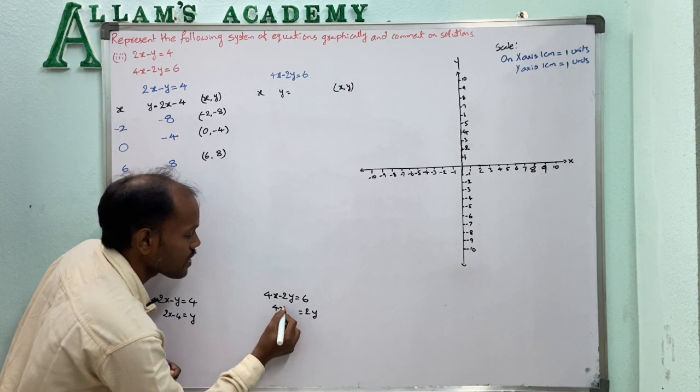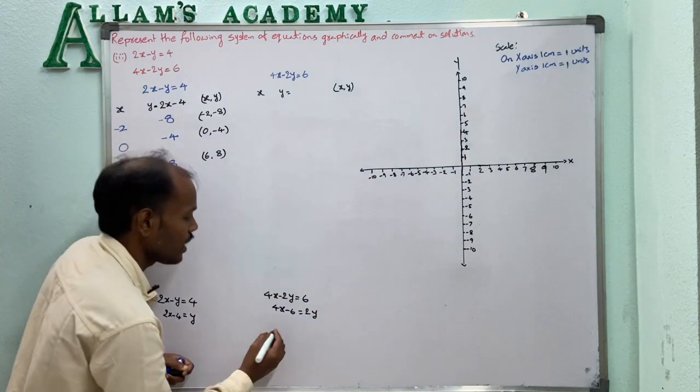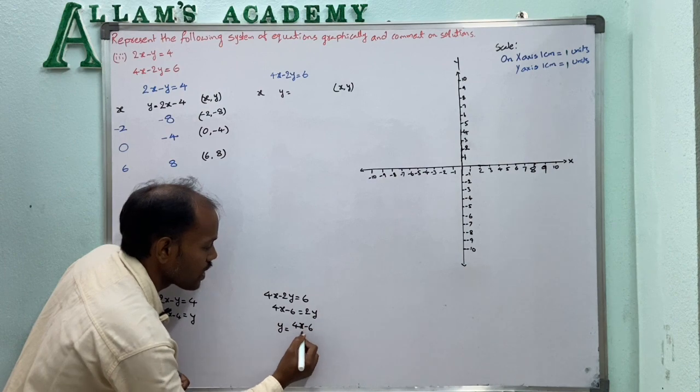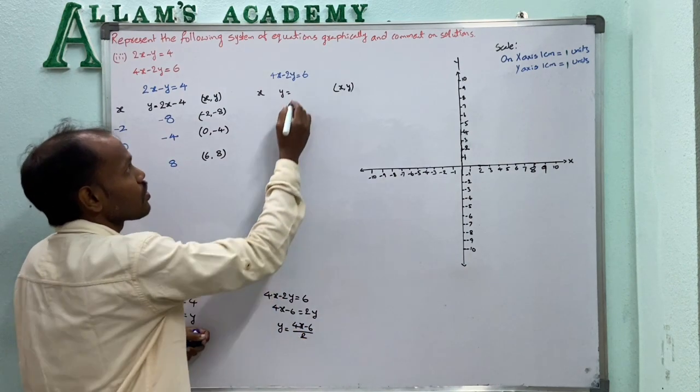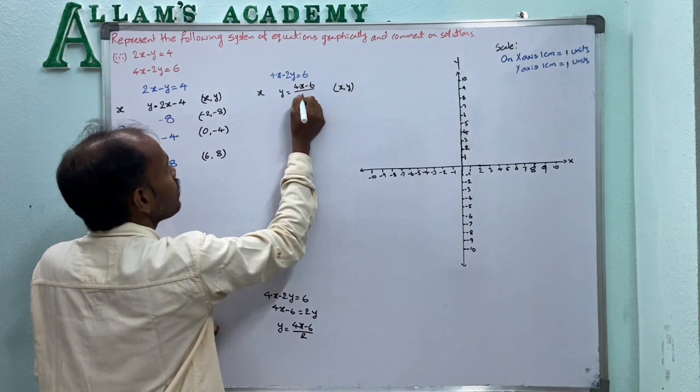So 4x minus 6. Now the multiplication transferred to this side becomes division. So y equal to 4x minus 6 by 2.